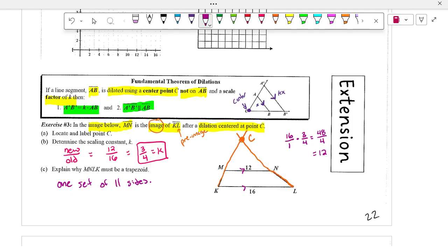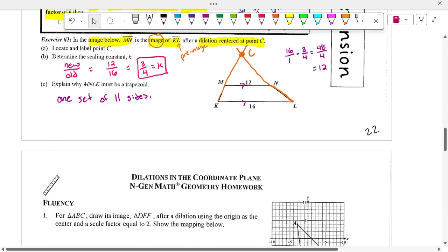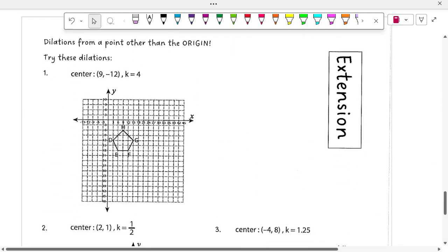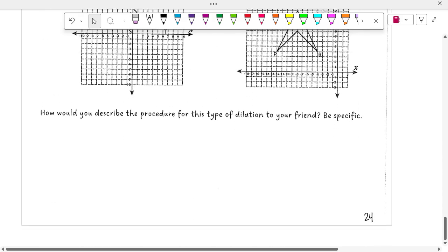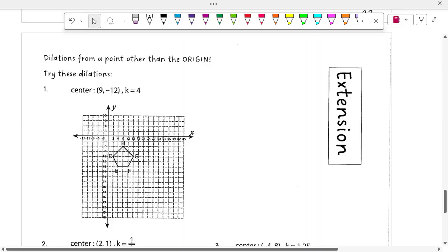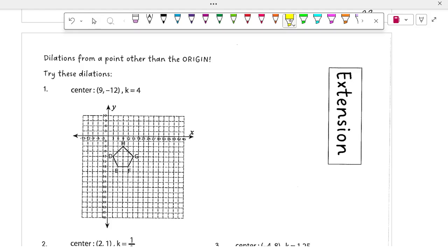Now, we've done around the origin, so now let's look at, so skip page 23, go to page 24. Let's look at some centers that are not the origin.